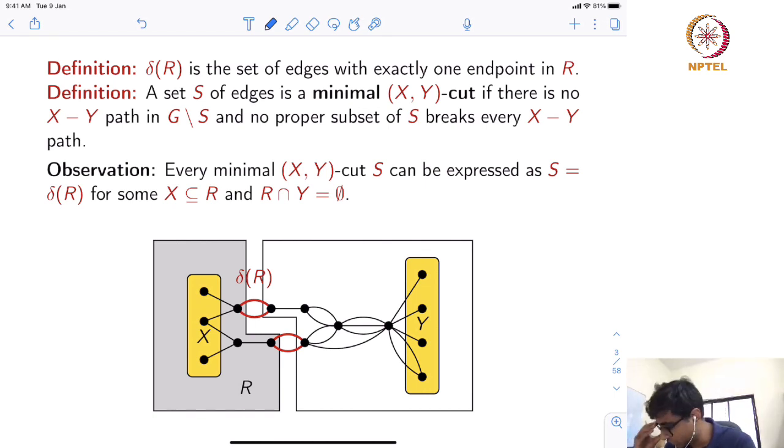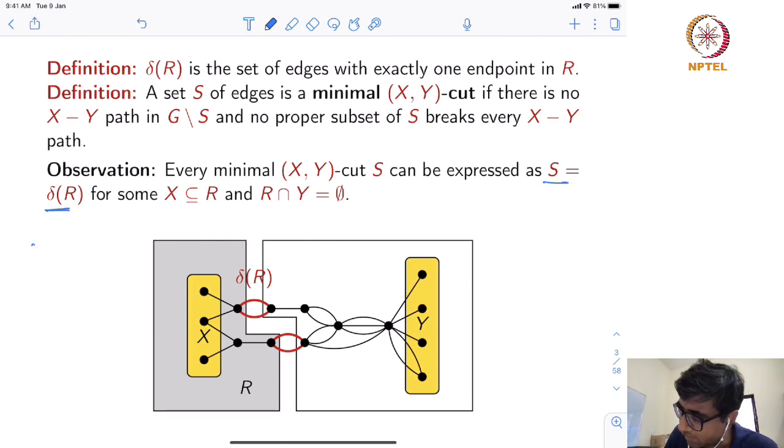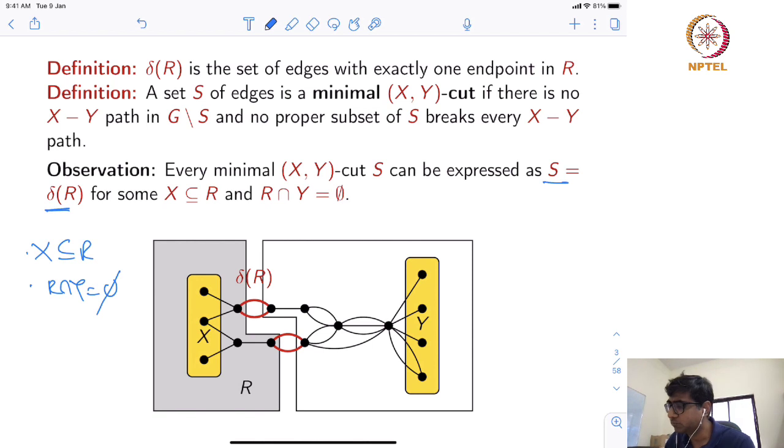And an important observation was that for a minimal edge cut, I can find a set R such that S is nothing but delta R, with the extra property that X is contained inside R and R intersection Y is empty. For example, look at these four edges. These are edges emanating out of R.